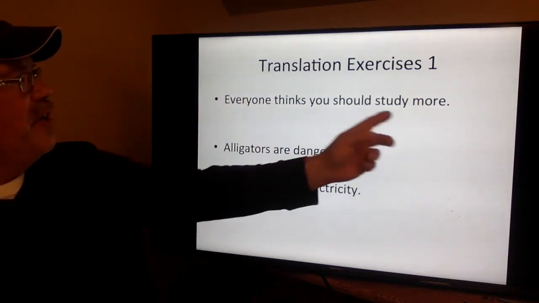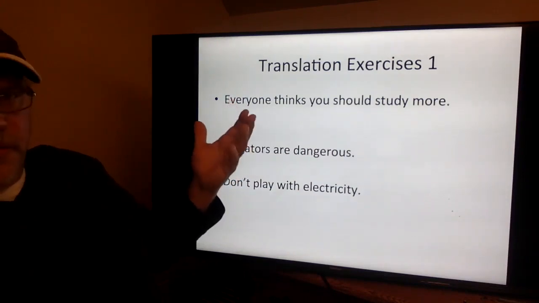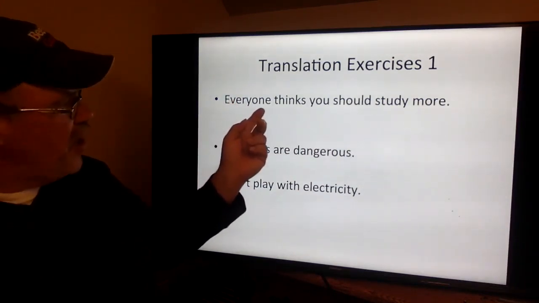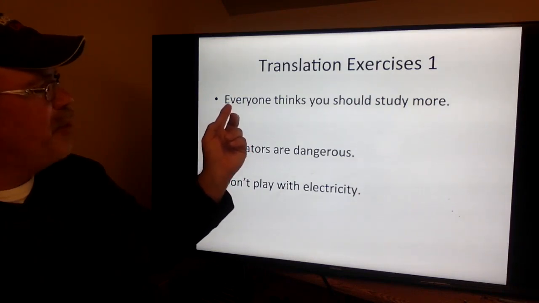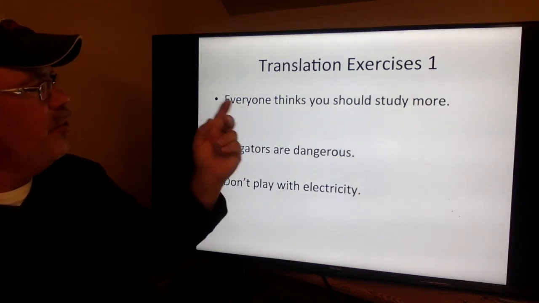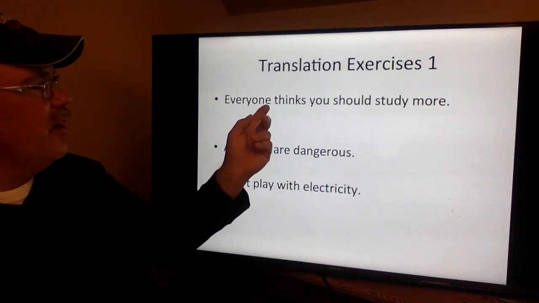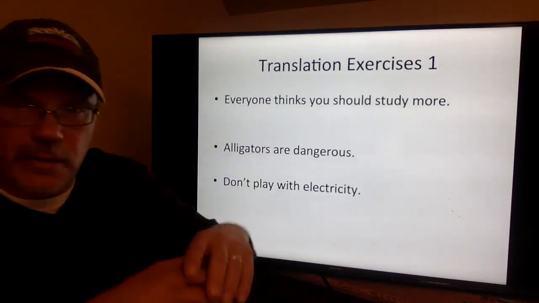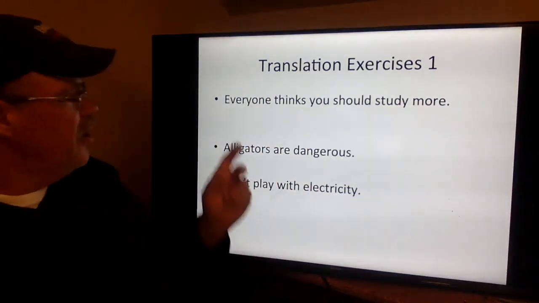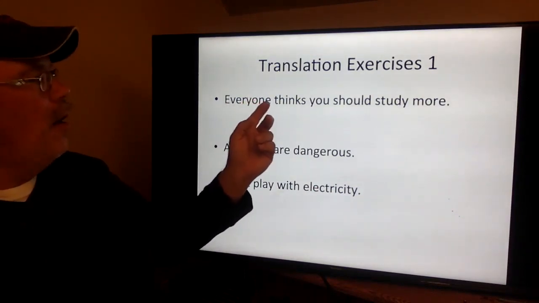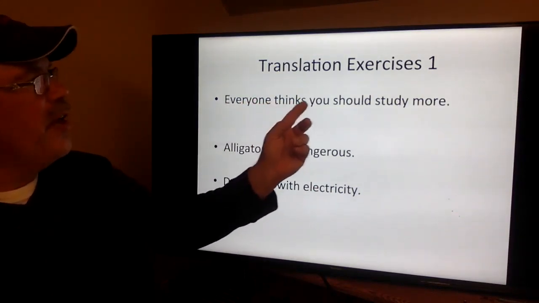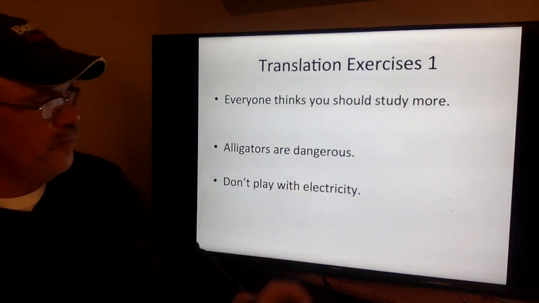I think this statement is about, and that's how you find the subject, it's about everyone. So now, how would we translate that into all, some, or none? Well, everyone is all, right? So this would be all people are people who think you should study more.